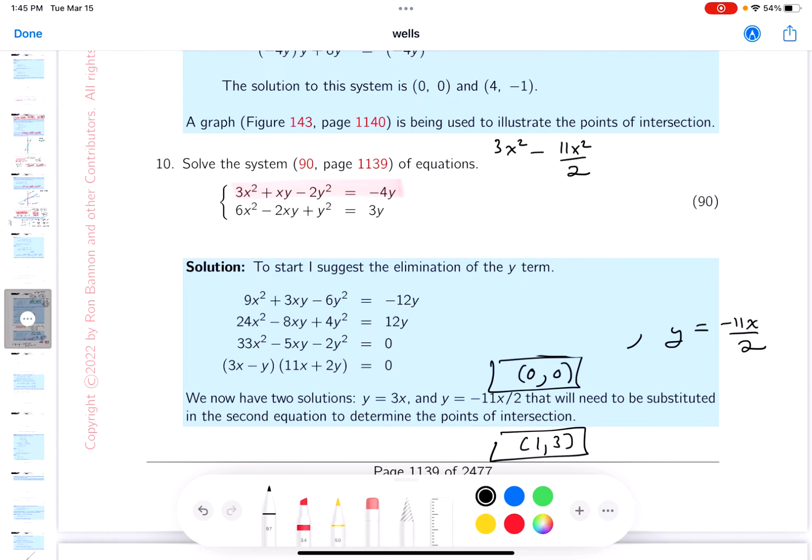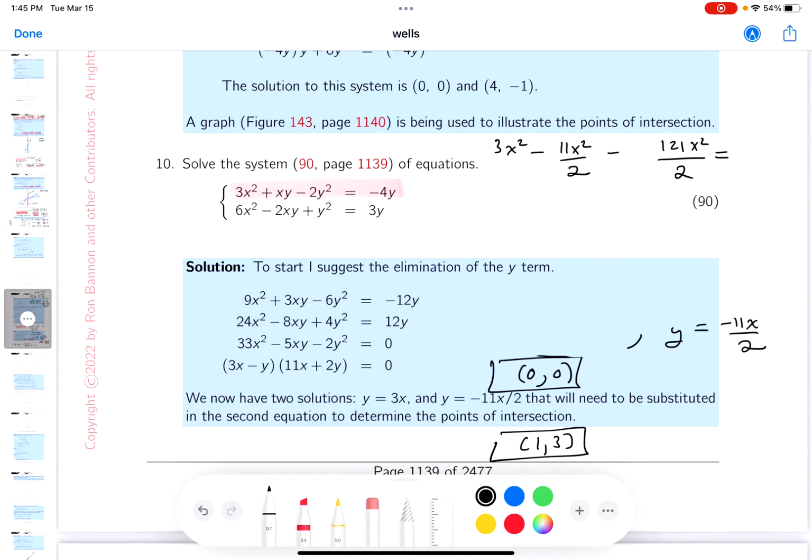And then what's going to be? Minus 2y squared. I got to write that down. What's y squared? 121x squared over 4. Right, I'm going to reduce that. 2 goes into 4 2 times. Oops, get rid of this 2. What does that equal? Well, let's take a look.